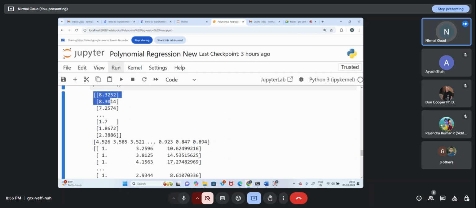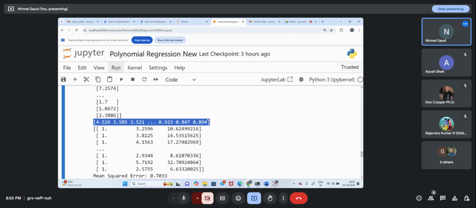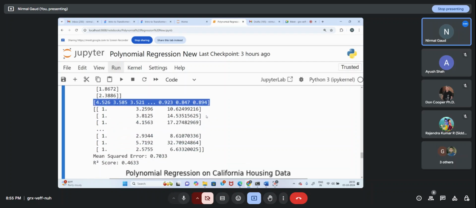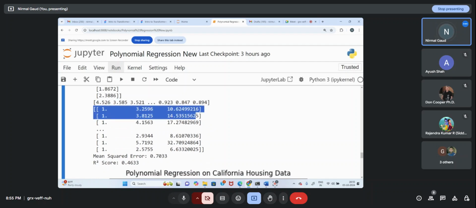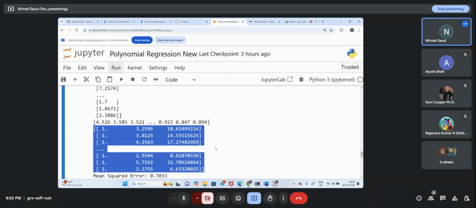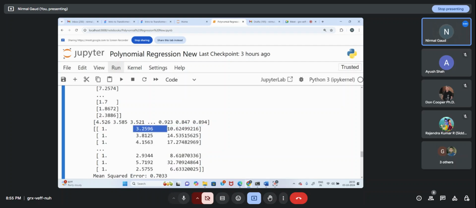Here is your x, here is your y, and here is your x train polynomial. So this is our x train polynomial.